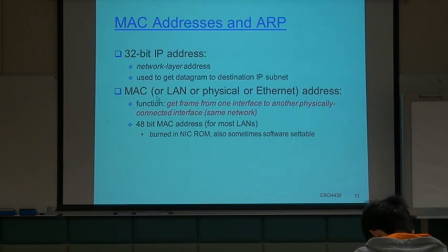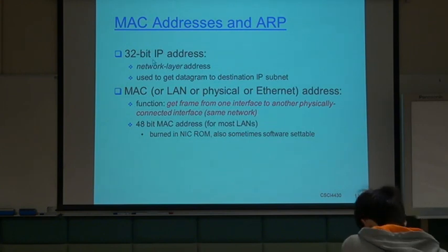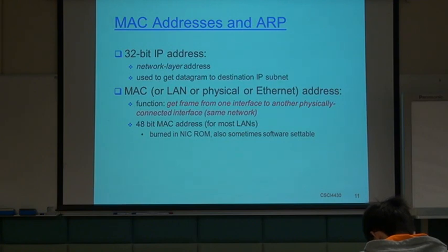What is the difference between the MAC address and the IP address? The IP address is a 32-bit address, the network layer address, used to send the datagram to the destination IP subnet. Given the IP address, you run the routing algorithms and find the next hop, and eventually you send the data to the destination IP subnet.